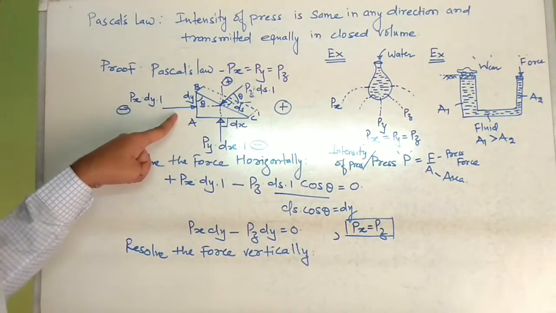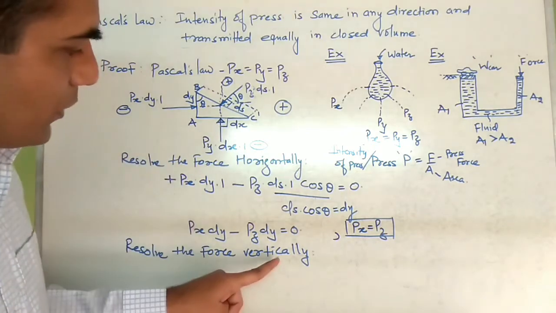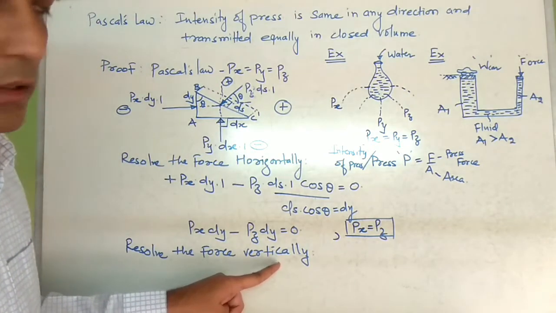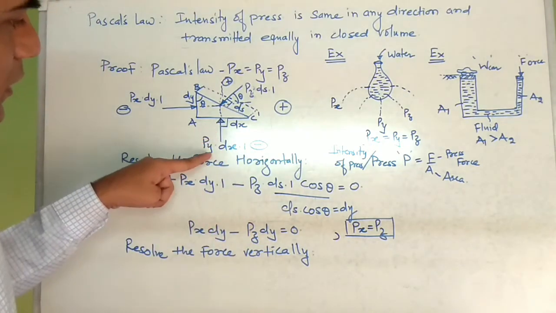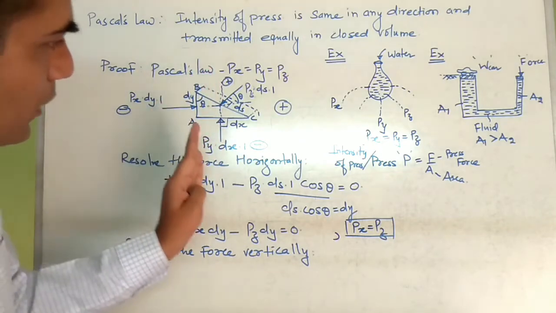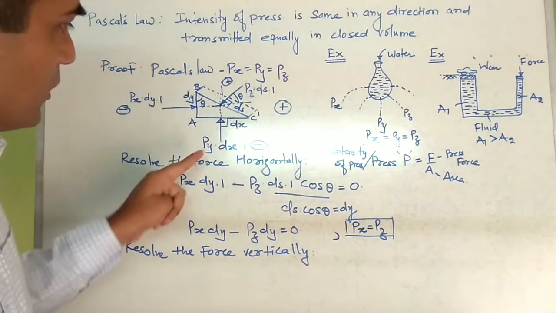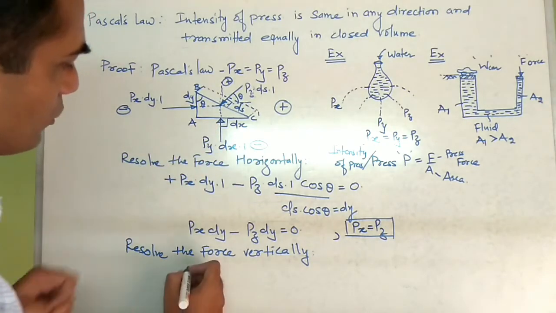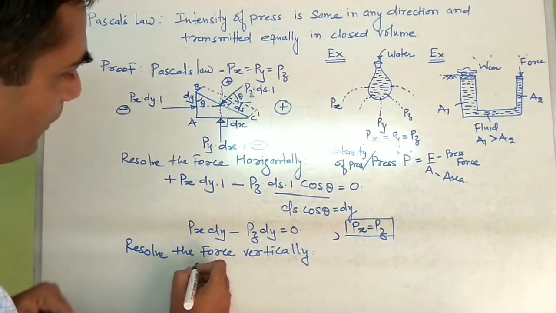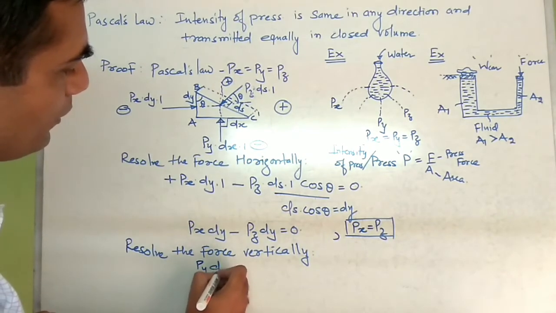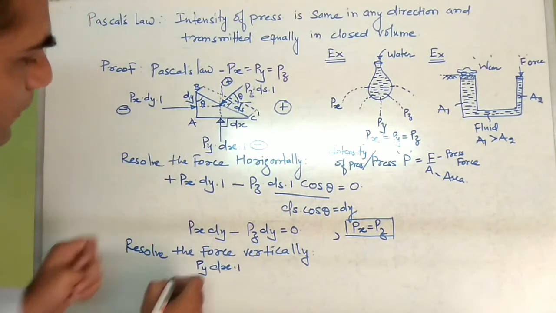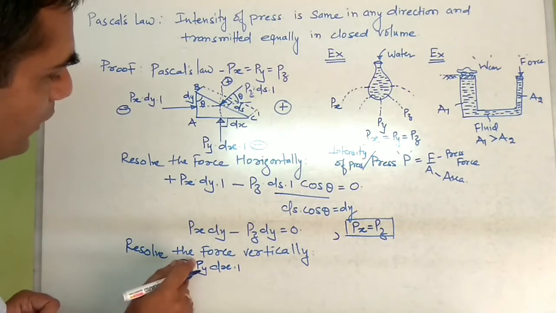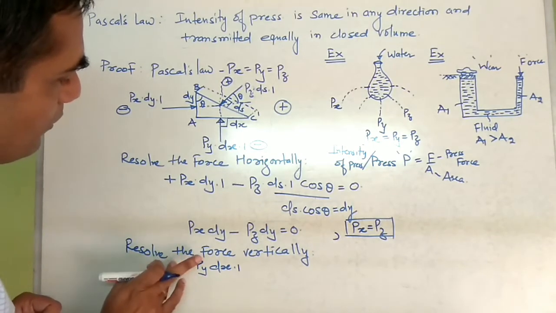Now this horizontal force is not going to be considered because we are talking about vertically. So this one is considered because this force is vertical, moving in upward direction. We can analyze by this arrow. So Py dx multiplied by 1, Py dx into 1, in positive direction, plus.